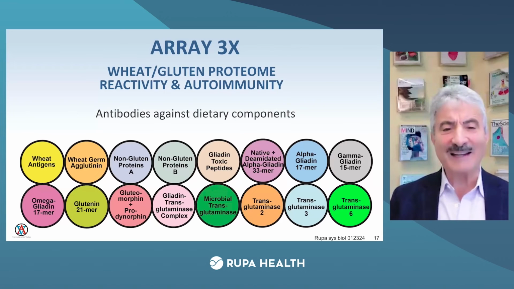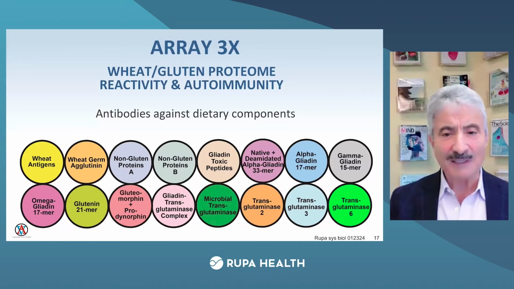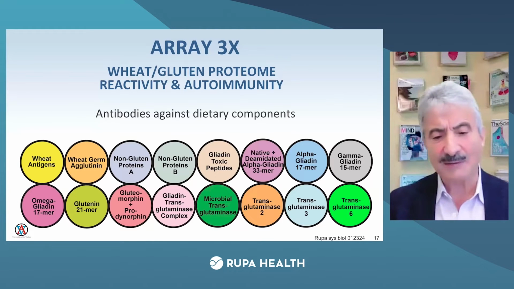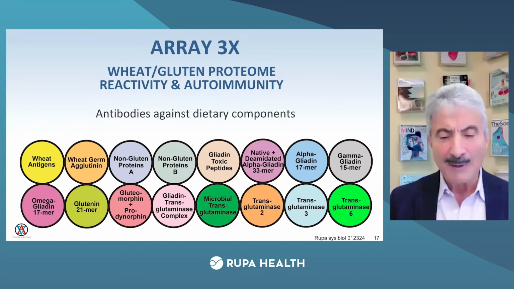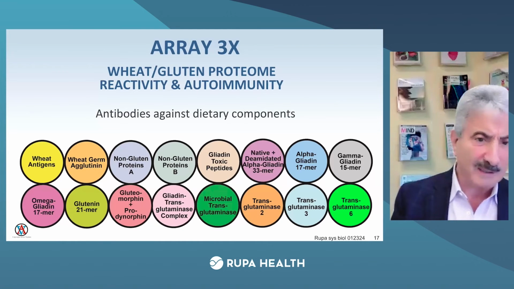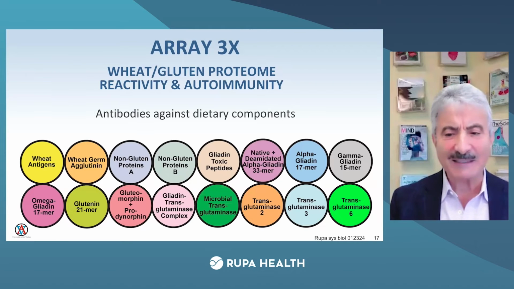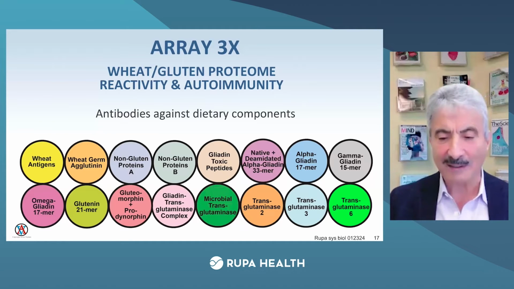When it comes to testing, for example, for gluten sensitivity, celiac disease, non-celiac gluten sensitivity, many years ago I came to this conclusion. If we have so many proteins in wheat, why are laboratories measuring antibodies only against one component of it, which is alpha gliadin, right here?